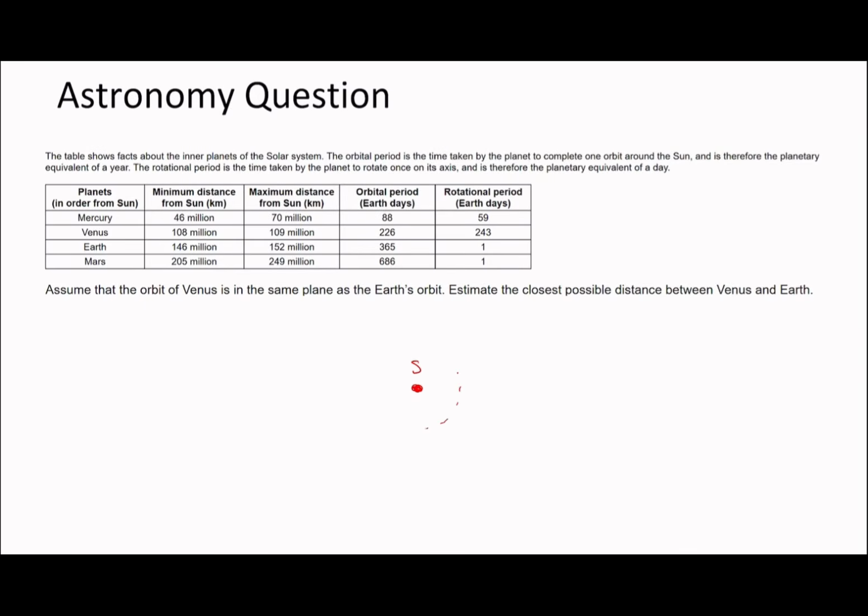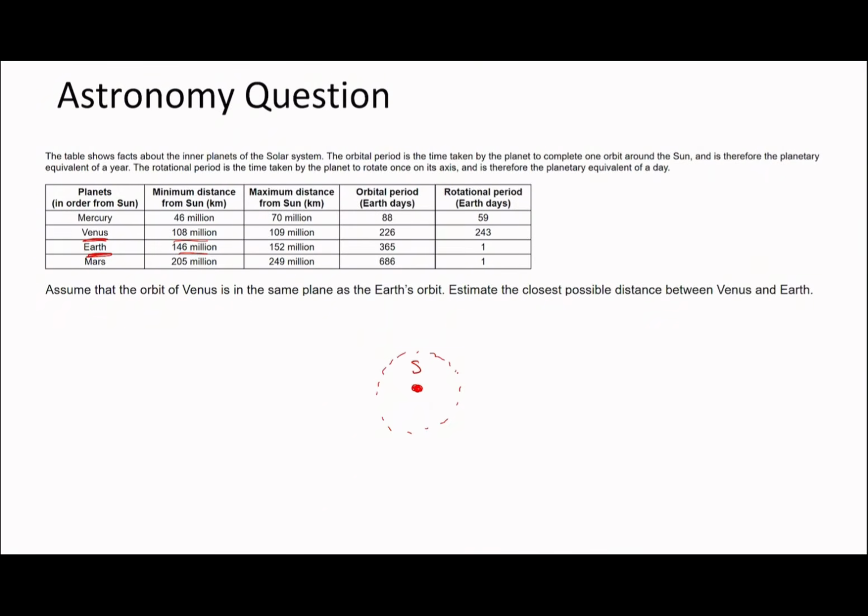So if you've got the Sun in the center, obviously Venus is closer than Earth, because you can see the minimum and maximum distances. It says estimate the closest possible distance between Venus and Earth.